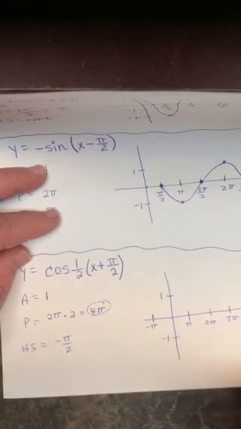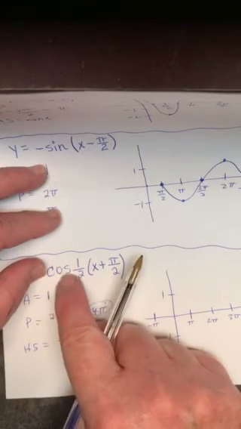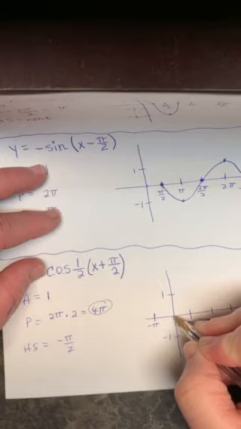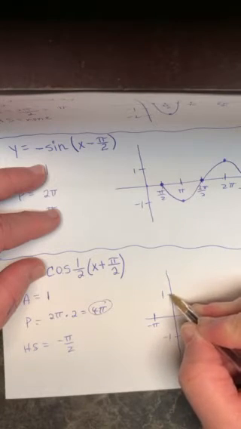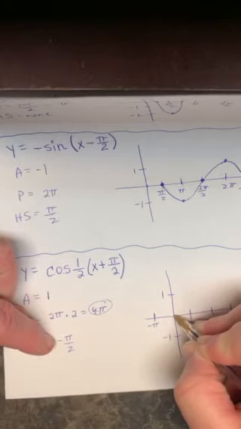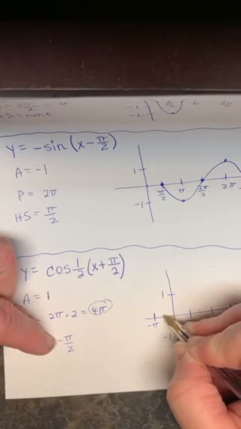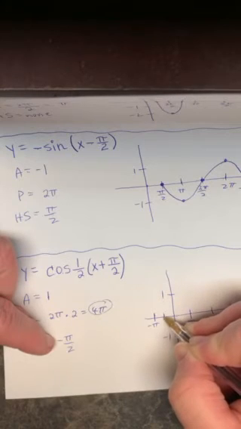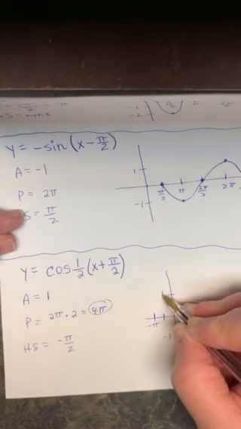If my first dot normally on a cosine graph is at 0 degrees up on 1, I've actually got a horizontal shift of -pi/2, which would be right there, agreed? And I would put my dot up on 1 and start right there.